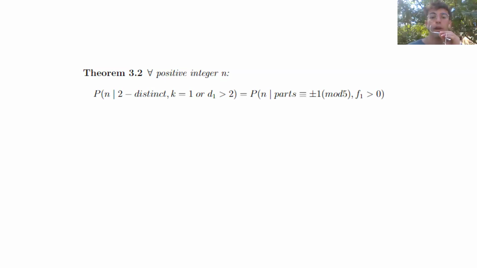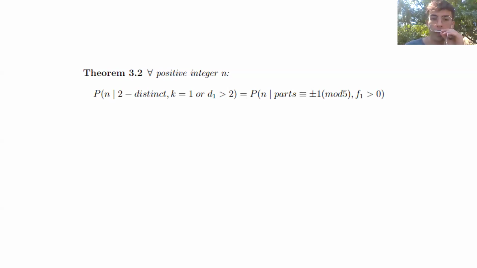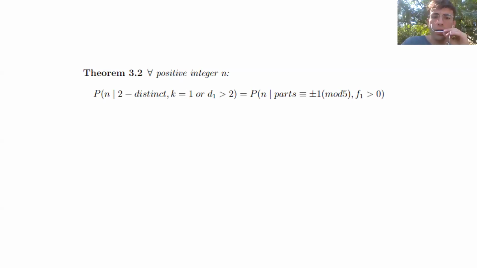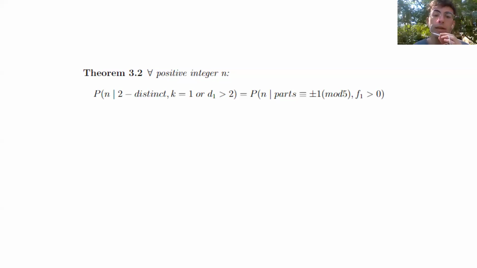We can prove this theorem by using the Rogers-Ramanujan identity, and the corollary is: the number of partitions of n which are 2-distinct and d1 is 2. Now, k is 1, just one part, or d1 is greater than 2. What is remaining? We had 2-distinct partitions. Now 2-distinct, and k is equal to 1, or d1 is greater than 2.